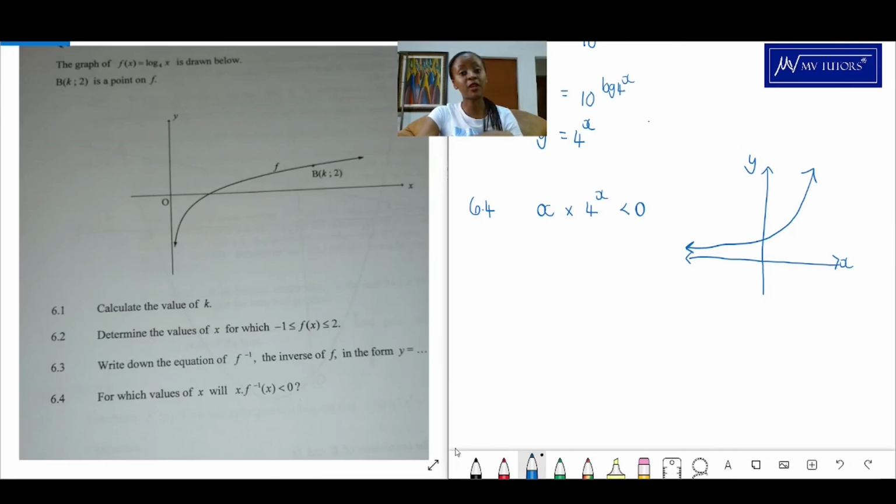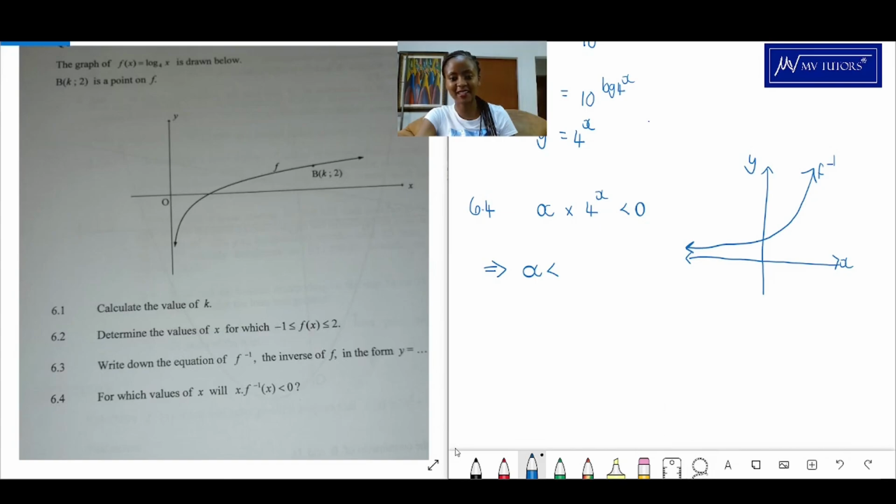But your range is limited to the x-axis up until positive infinity, so it can't go to the negative side. So here you have your inverse. Which values of x will this be less than 0? Well, your answer will definitely be x smaller.